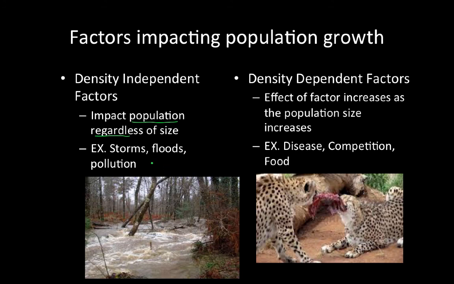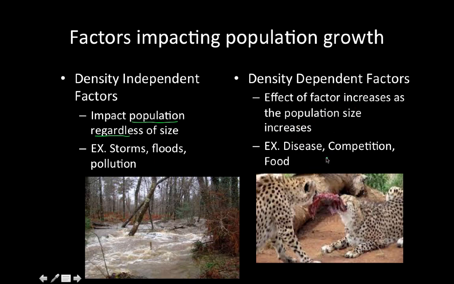So think about it this way. A storm that goes into a forest is not going to be stronger if there's 1,000 birds or one bird, right? The storm is just going to be the storm, and it's going to knock down just as many trees as it would regardless of how many animals were there. Okay. Density-dependent factors actually increase based on the density of those organisms. So the factor is going to increase based on the population size.